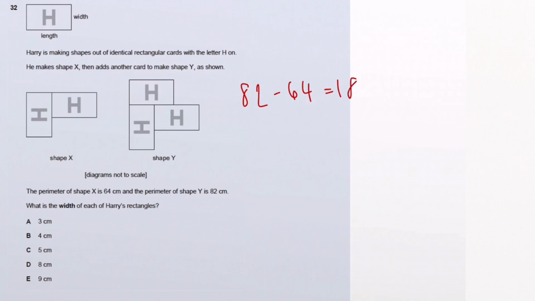So two width lengths is 18. So 18 divided by 2 would give us one width, which is 9 centimeters. So E is the answer. Students should try to think critically for these types of questions because there are some hidden lengths or unknowns that can make it tricky.